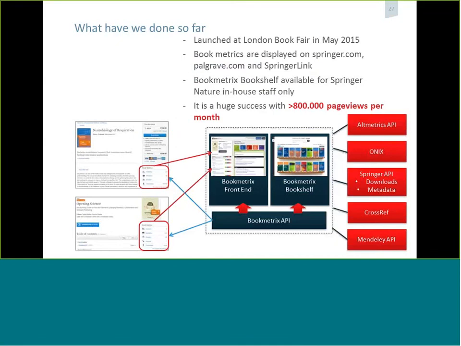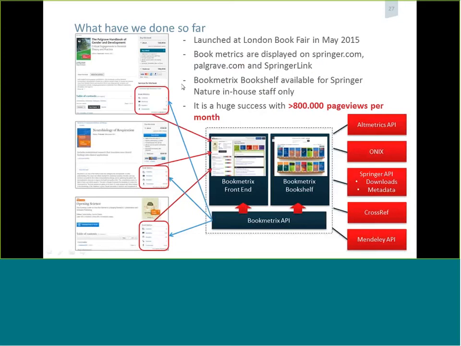So what have we done so far? We launched Bookmetrics at the London Book Fair in May of last year. And we have the metrics now displayed on Springer.com and SpringerLink, but also, although relatively recently, now also on Palgrave.com. The backbone of the program is the Bookmetrics API.